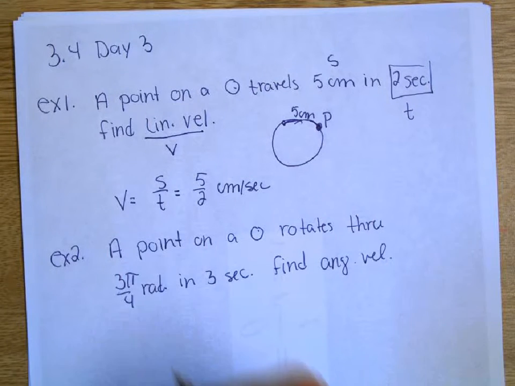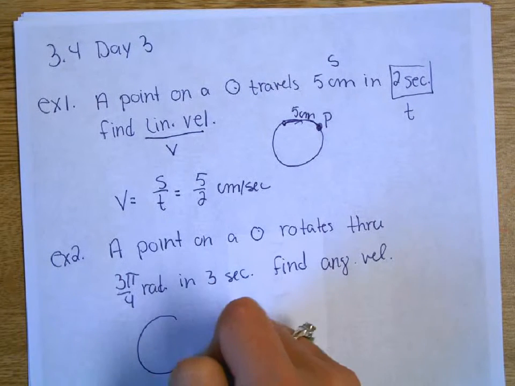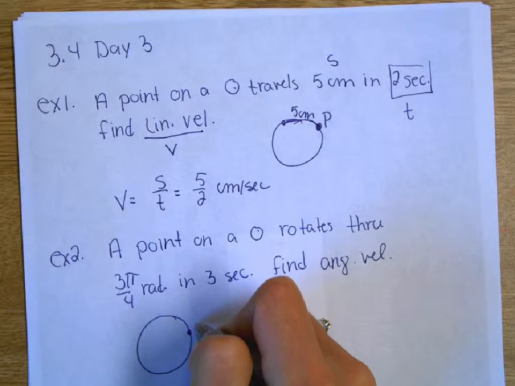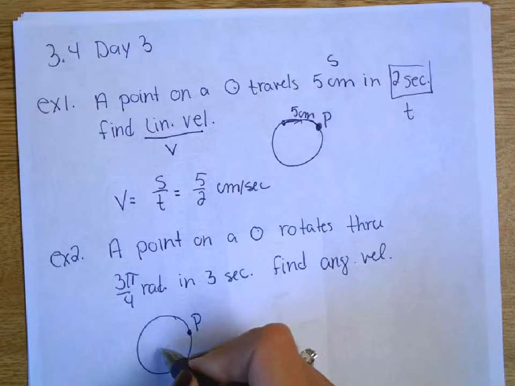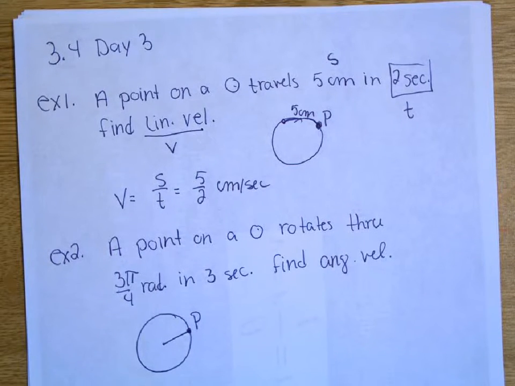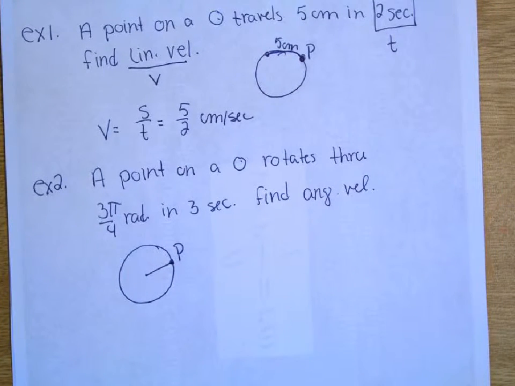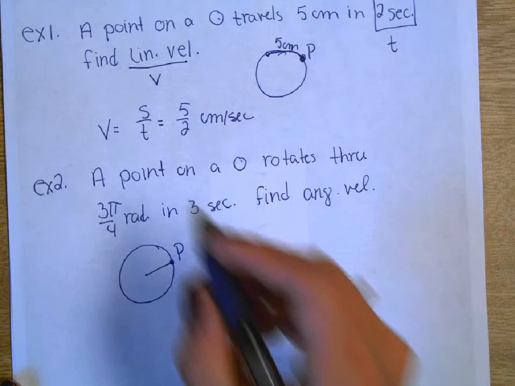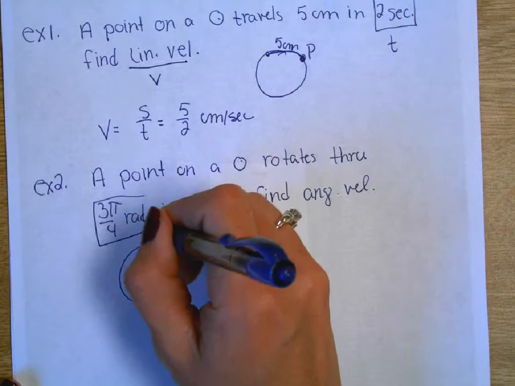So if you need to draw a picture, you draw a picture, if it helps, if you get lost. Here's my point P. It says it passes through 3 pi over 4 radians. What is 3 pi over 4 radians giving me? Theta. That is theta.